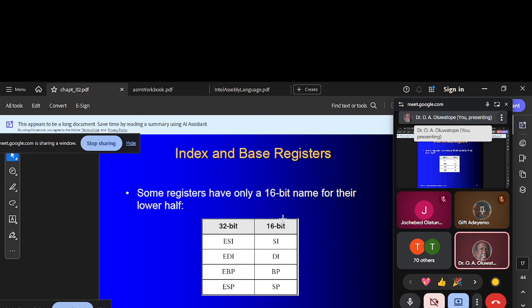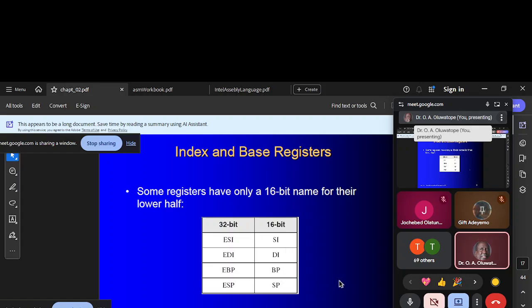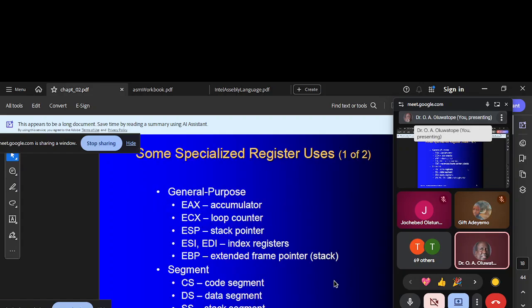So likewise, the index and base register, 16 bits, 32 bits. I've mentioned all of those when I was describing. I told you that AX is the accumulator, CX the loop counter, SP the stack pointer, SI and DI the index registers, source index and destination index.